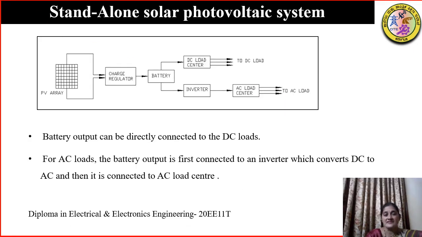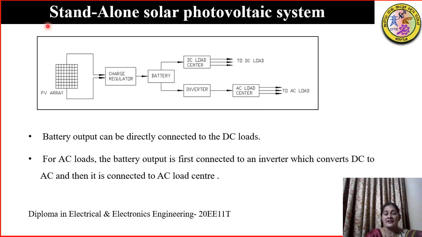The standalone system has a high initial cost because of the presence of batteries. But since this standalone system has nothing to do with the grid, the fixed charges that we pay monthly, which are levied by the electric supply companies, need not be paid.